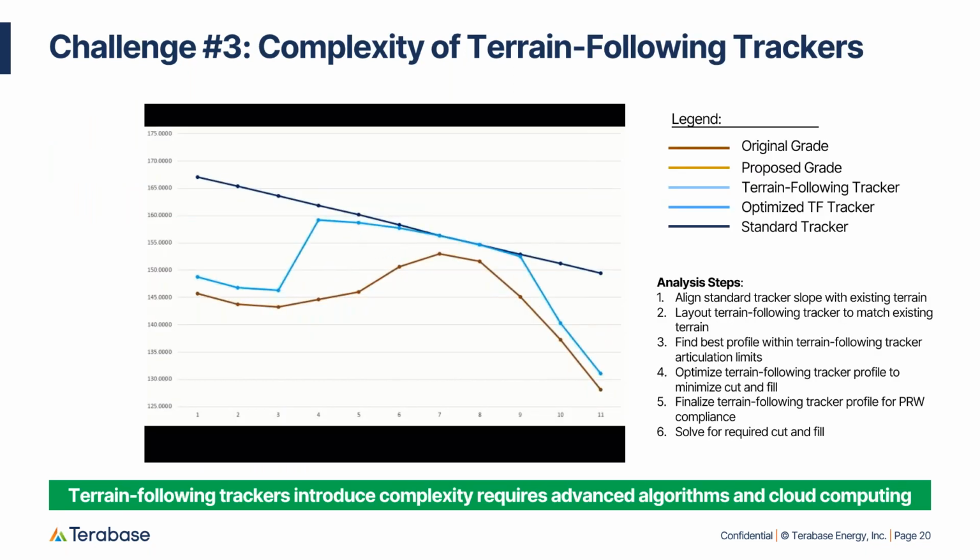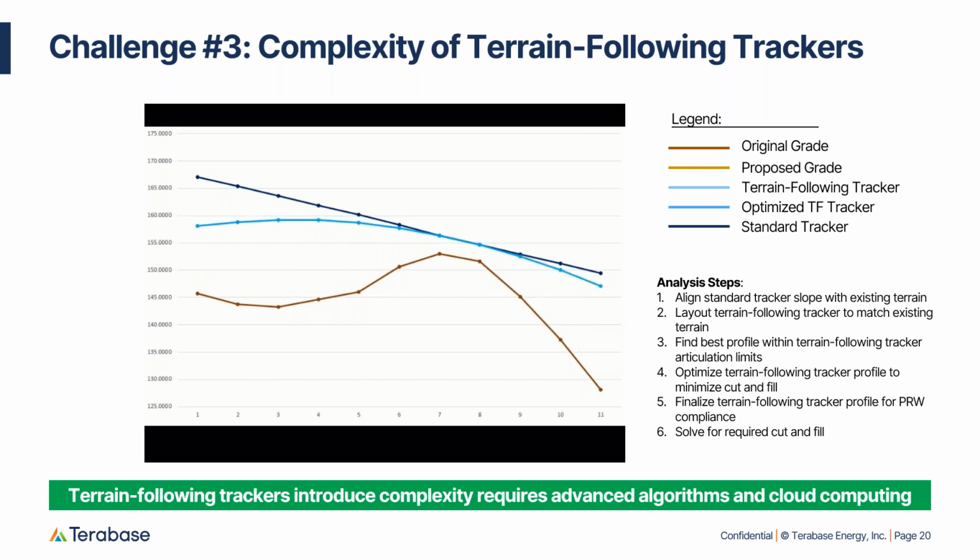All right, so hopefully we can get this video playing. So challenge number 3, this is the most fun. The design of terrain following trackers is exacerbated by the number of parameters available in terrain following architecture. We have too many variables to play with, and it makes it very hard to design. The video you see on the screen helps to demonstrate the challenge. We have a dark brown line representing the original grade.